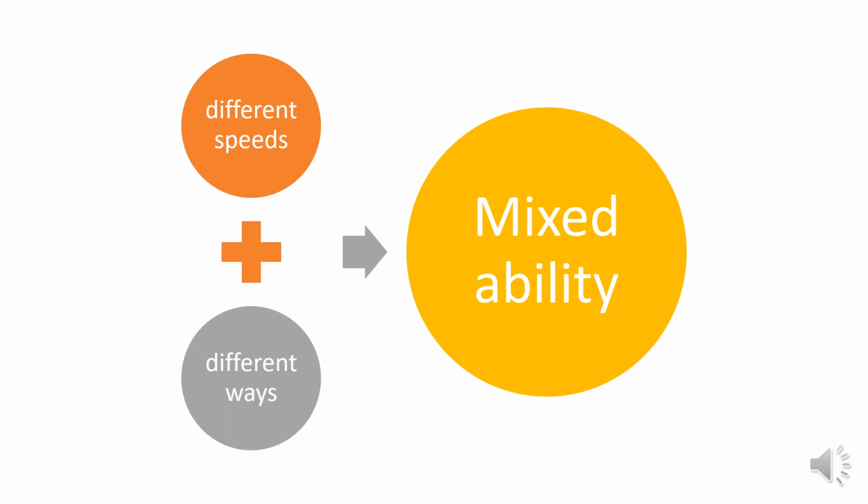Individual students learn at different speeds and in different ways. These two facts taken together mean mixed ability. If we are not sure whether or not students know the language we are about to ask them to study, we will need to find this information out.